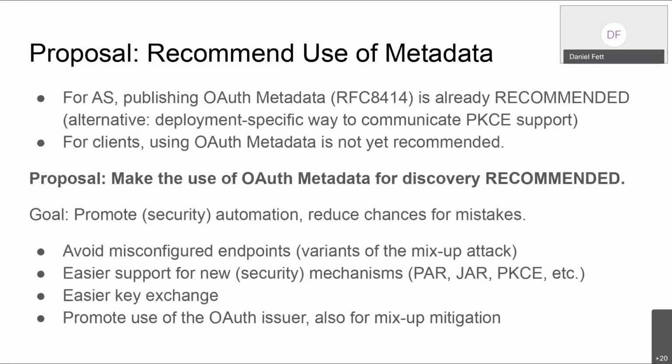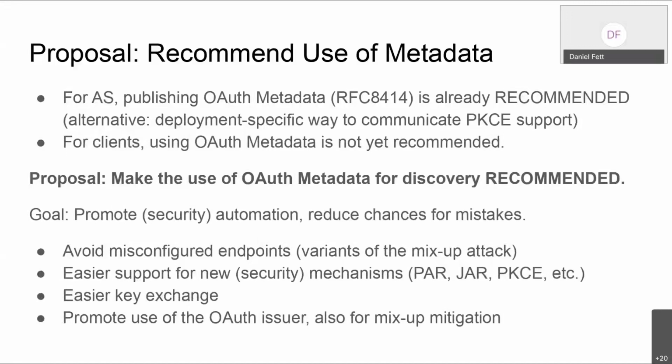As you might know, in the current FAPI specification, there's a paragraph that says that one venue for attackers might be a misconfigured token endpoint. Of course, this is something that can happen if you configure the token endpoint manually, but it's less likely to happen if you have a metadata document that you can pull this information from.